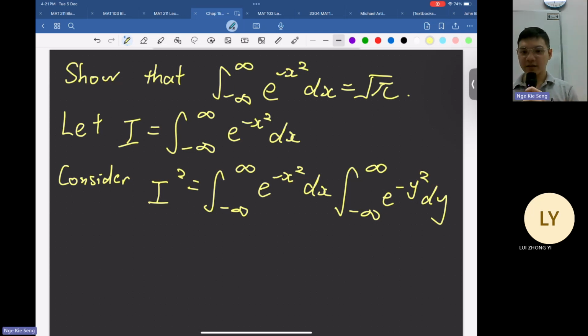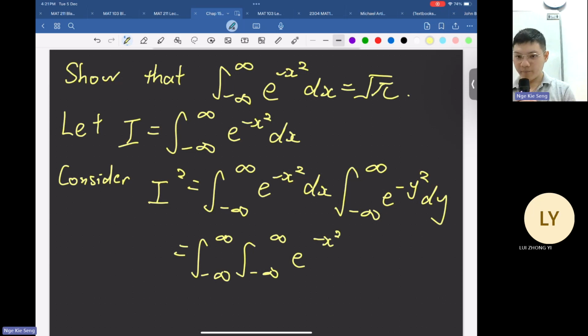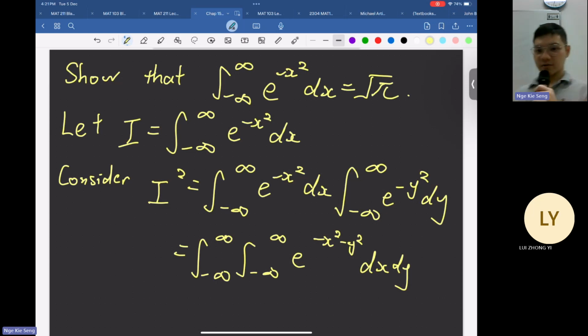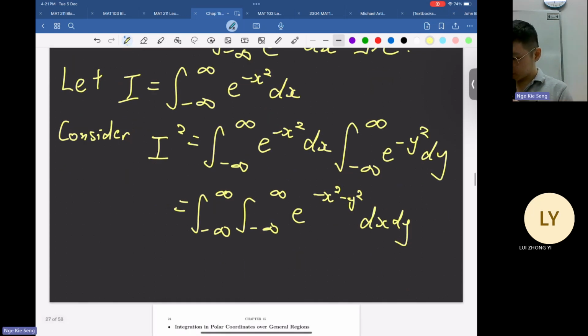We can combine this integral here and make it into a double integral. This is a particularly nice double integral because you have x squared and y squared. Remember, x squared plus y squared is very friendly to polar coordinates, because when you add the 2 squares together, you just get r squared.